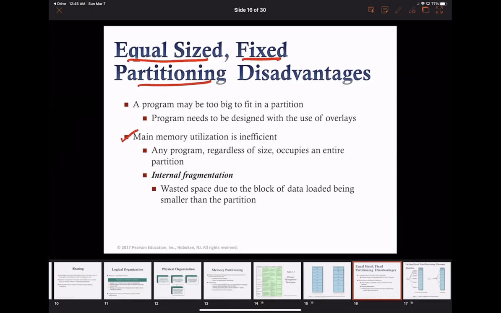So even if we have a fixed size partition of 8 megabytes, and a process of just 1 megabyte, it will still occupy the partition and no other process can occupy it. So that means we do have fragmentation inside the partition. This phenomenon, which is wasted space internal to a partition due to the fact that the block of data loaded is smaller than the partition, is called internal fragmentation.